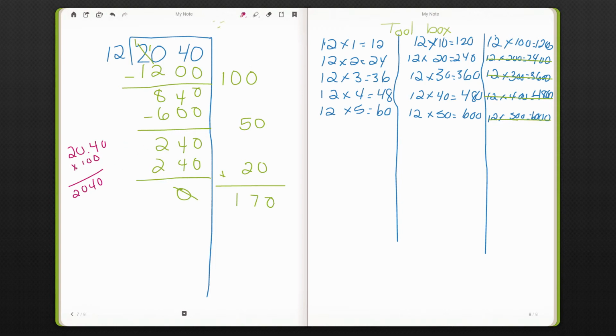So since I multiplied by 100 to move my decimal over, I now divide this number by 100. And 170 divided by 100 equals 1 and 7/10, which is equivalent to 1 and 70 hundredths. So that's how the partial quotient can be used with a decimal.